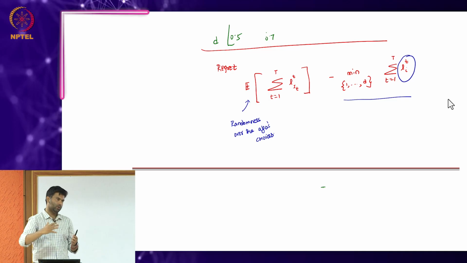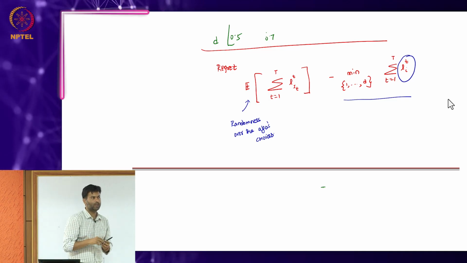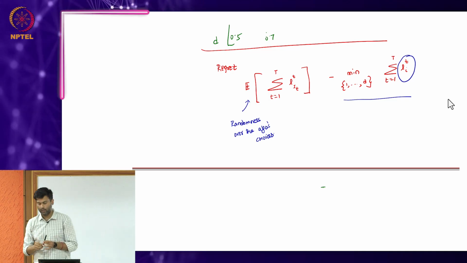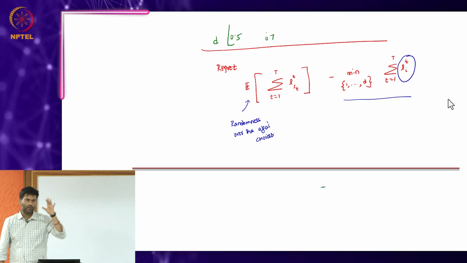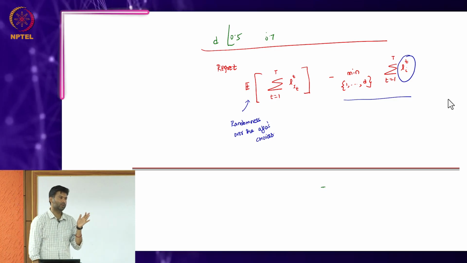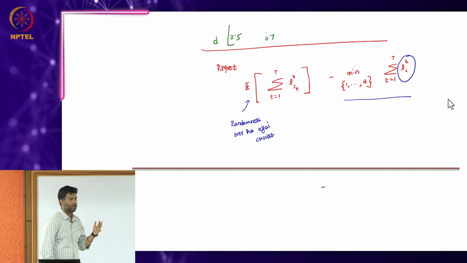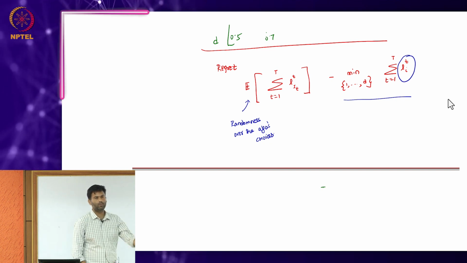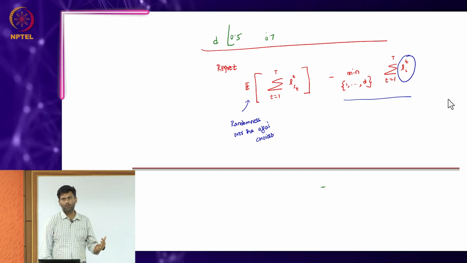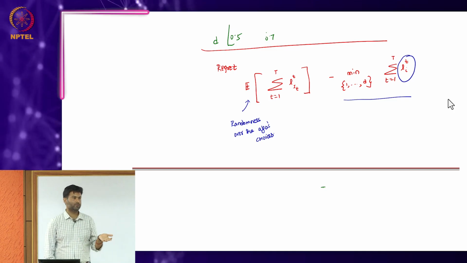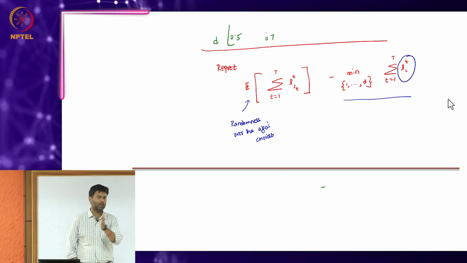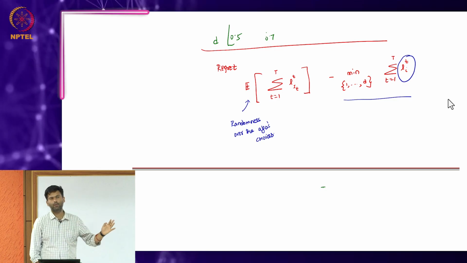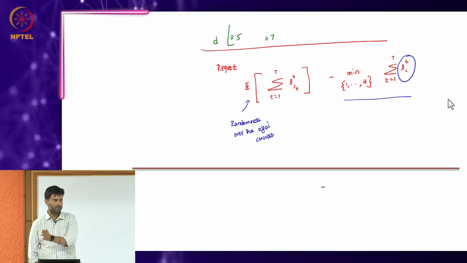So let me give you a potential algorithm and then ask you what you feel about it. I have D people or D arms. First 100 rounds I will just use the first guy. Next 100 rounds I will just use the second guy. And if I have 10 people, then I will do 1000 rounds.